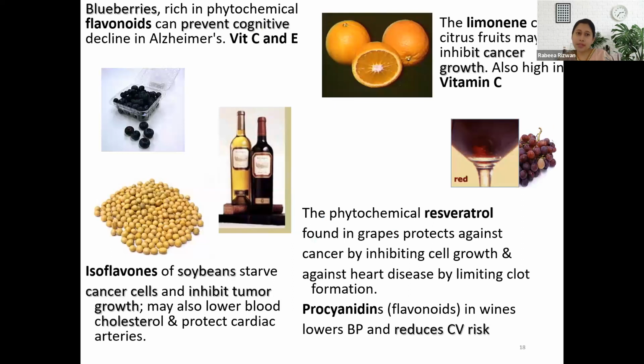Next come the berries, among which the blueberries also contain flavonoids and prevent our brain from oxidative damage, thus reducing the chances of cognitive damage to the brain that may otherwise cause Alzheimer's disease with aging. All berries mostly contain vitamins C and E as well.